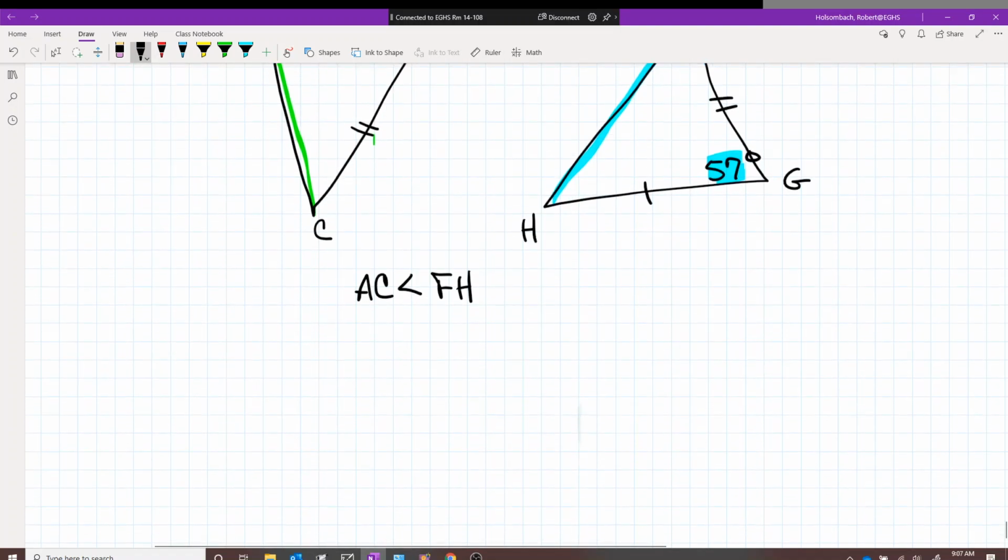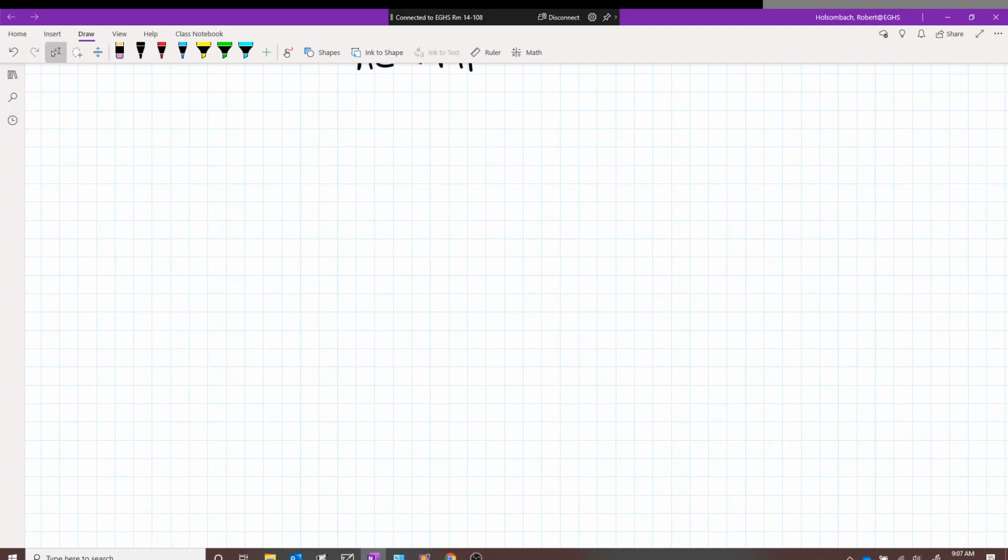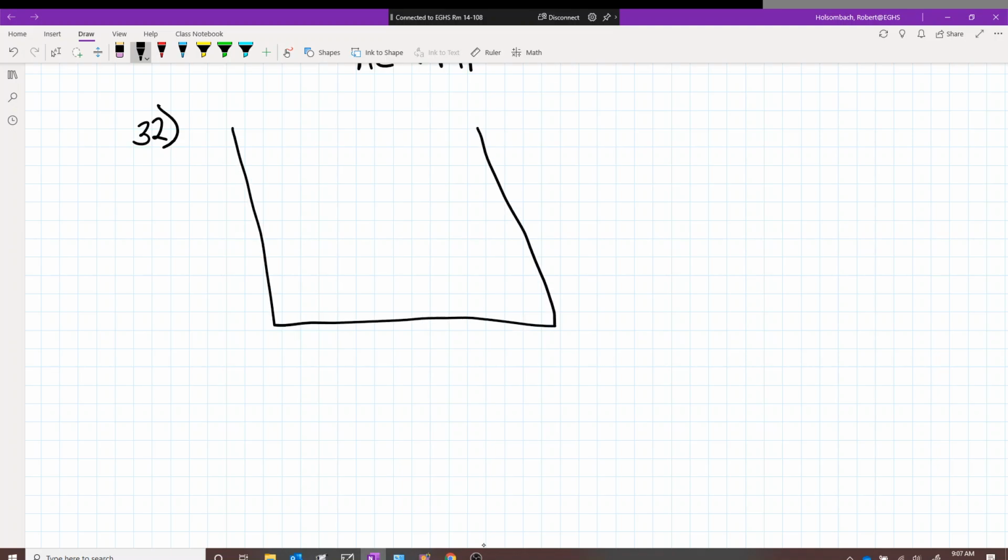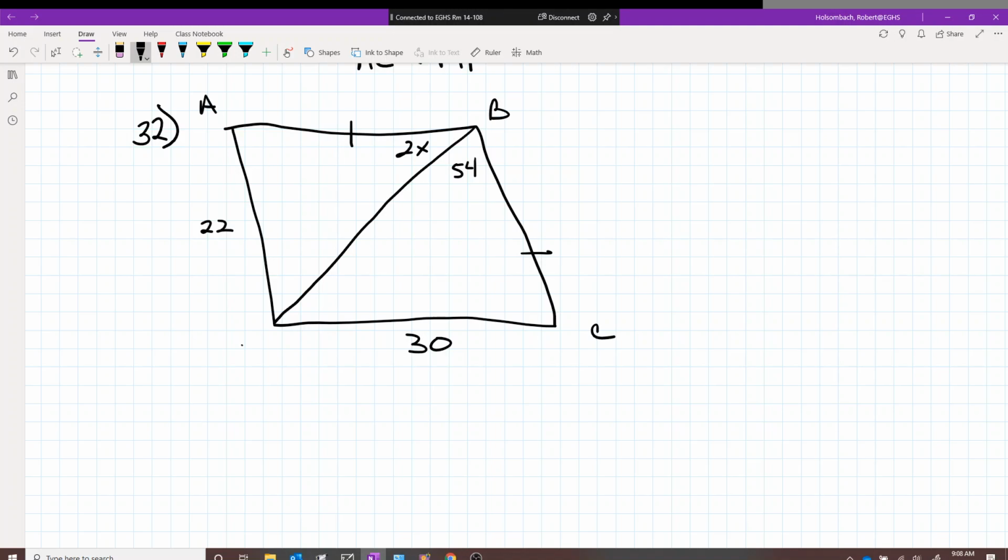Okay, got a couple minutes left. We're going to try to get number 32 completed. What is a possible range of values for x?